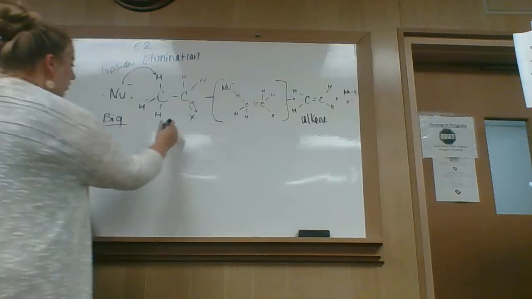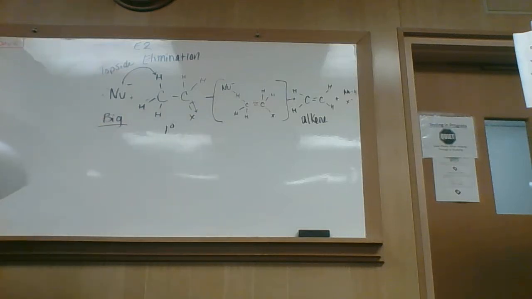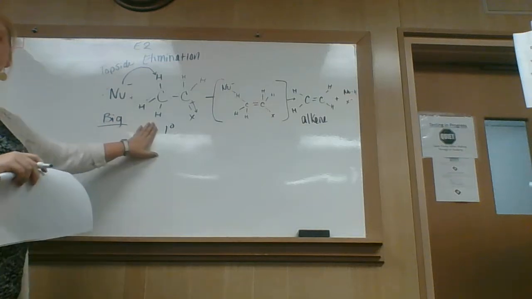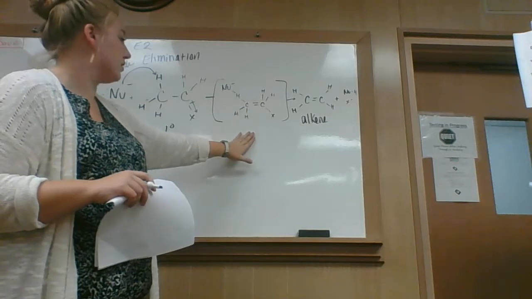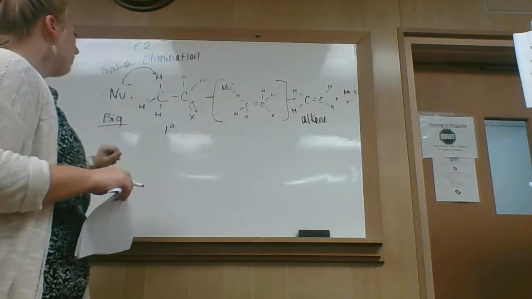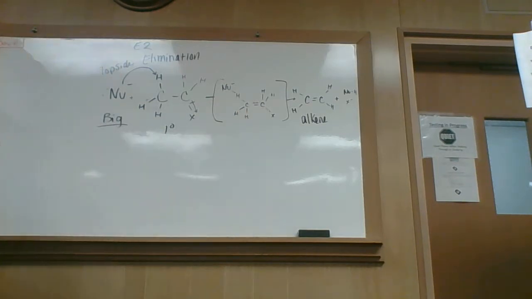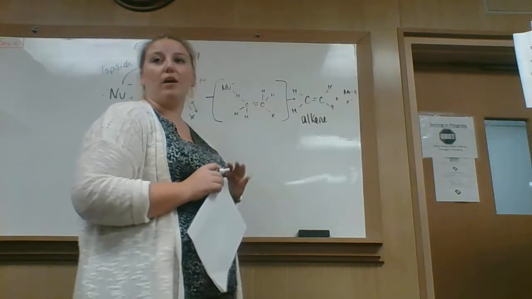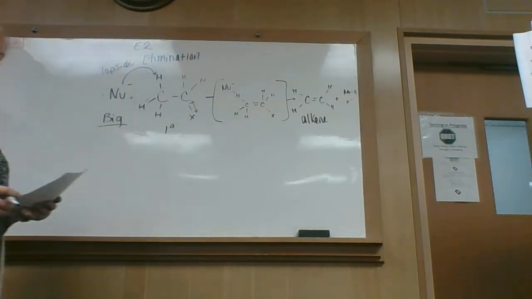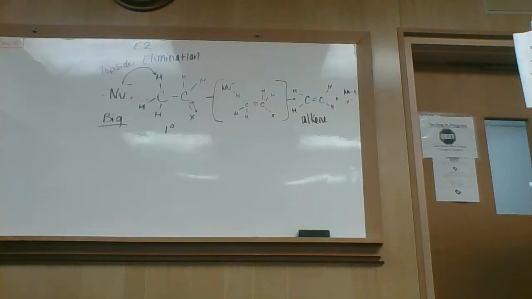So again, things that have stayed the same: still a primary alkyl halide, still concerted, still has a transition state, still polar aprotic solvent. Differences being a big bulky nucleophile and an alkene as your final product. Is this apolar or polar? Polar aprotic.